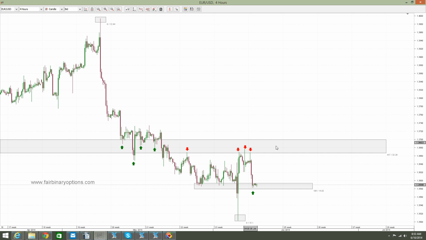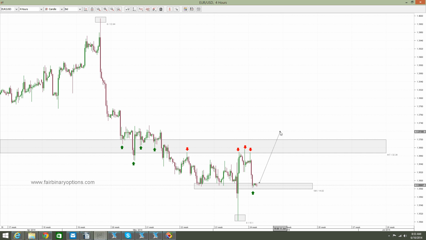Take a look at this area. Now this area is the 1.37 level. Until price goes above 1.37, I would do nothing. So let's try to mark the intention.